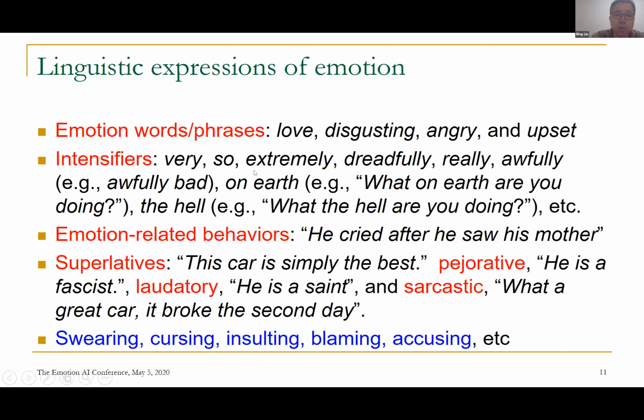I would say "so happy", "extremely" something, "what on earth", "what the hell", this kind of stuff, which is very commonly used to express emotions. And also behaviors. This makes emotion detection quite difficult, because sometimes you don't really state the emotion, you just describe what happened. For example, "He cried after he saw his mother."